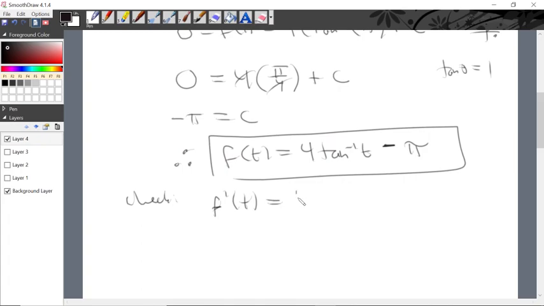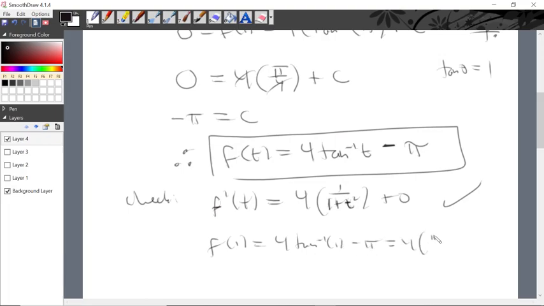F prime of t is 4 times 1 over 1 plus t squared plus 0. Okay, so that's correct. And f of 1 is equal to 4 times the arctangent of 1 minus pi. That's 4 times pi over 4 minus pi, and that does equal 0. So that checks as well.